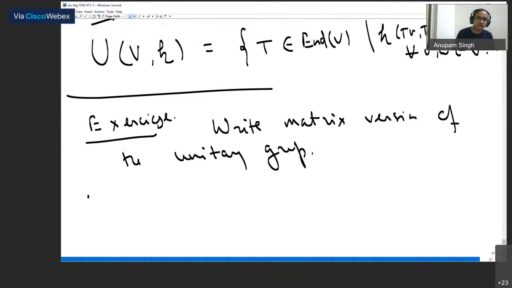Another exercise is, of course, to verify that this is actually a group. Although I called it a unitary group, this set is a group. This is another exercise: U(V, H) is a group.